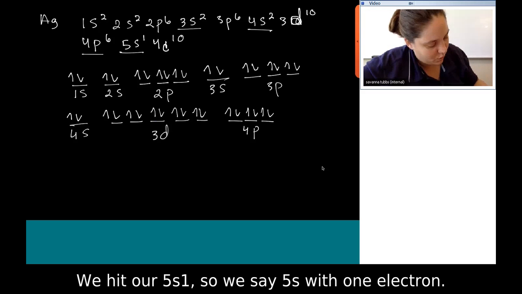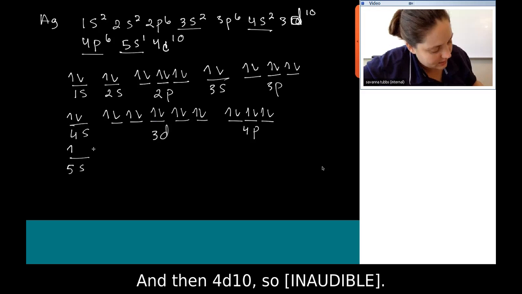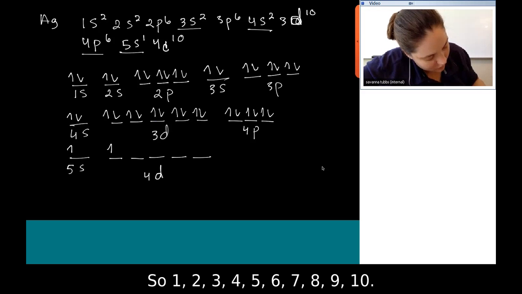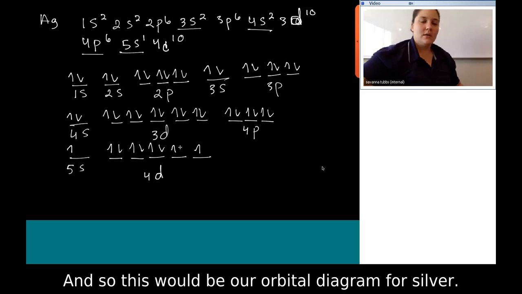We hit our 5s1, so we say 5s with 1 electron, and then 4d10, so 4d. So 1, 2, 3, 4, 5, 6, 7, 8, 9, 10. And so this would be our orbital diagram for silver.